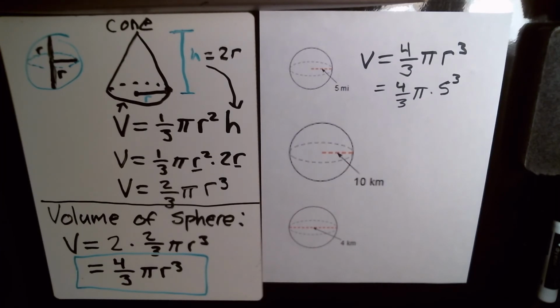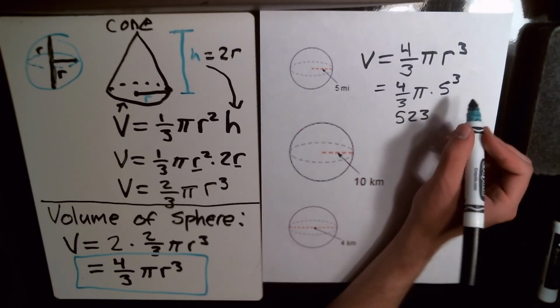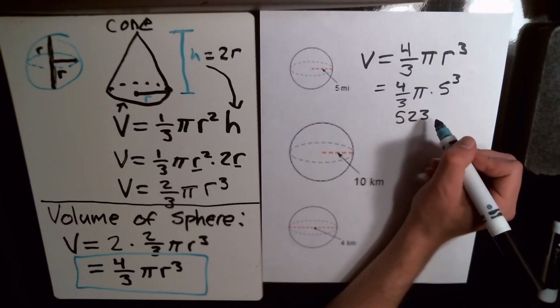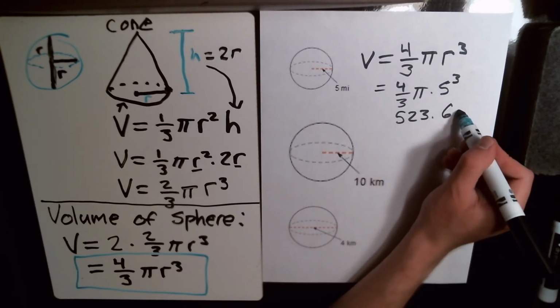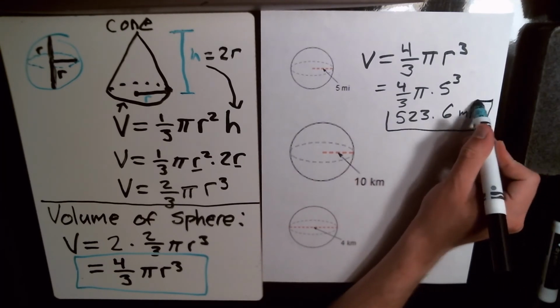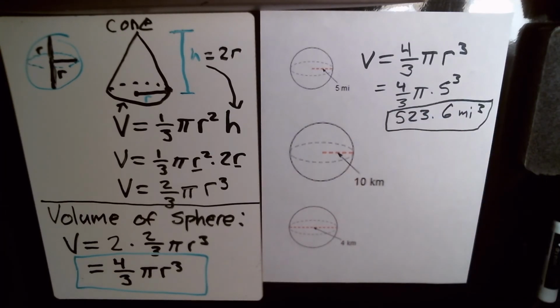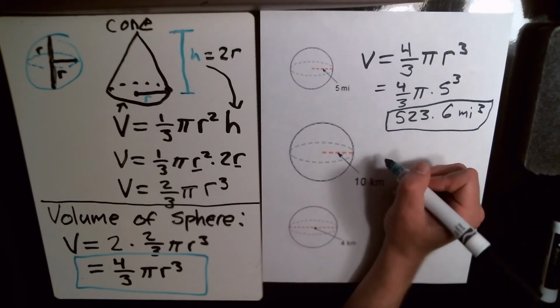Okay, so we've got 523.598, so I'll just do 523.6. This would be cubic miles. That's a pretty big ball. Okay. Similar thing for this next one, it's just the radius is 10, right?